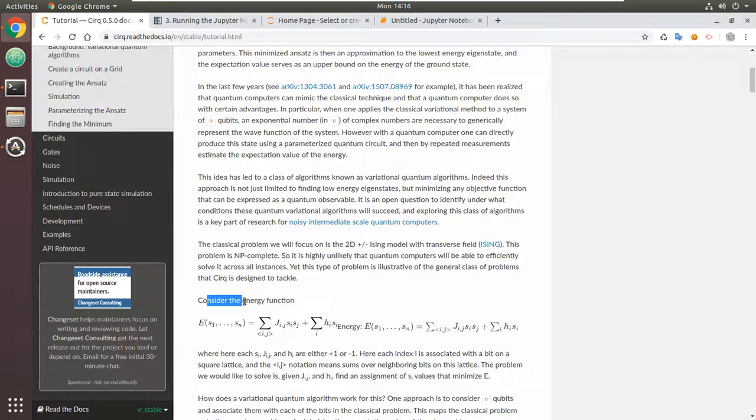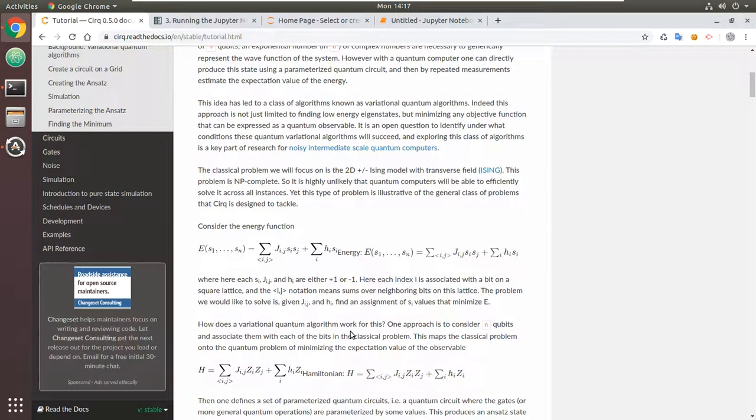Consider the following energy function. Where each S sub I, J sub I sub J, and H sub I are either +1 or -1.